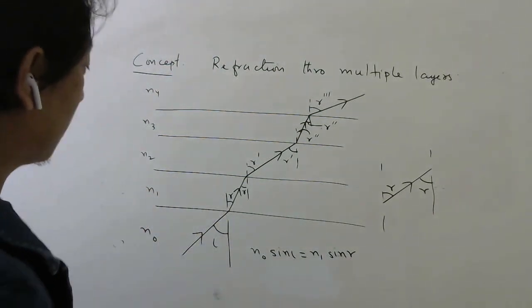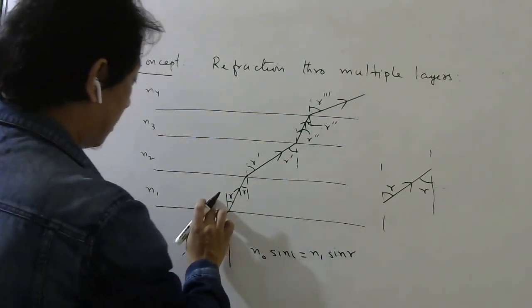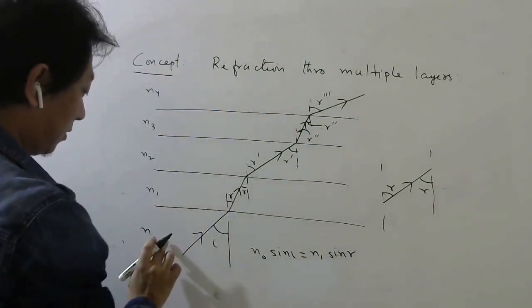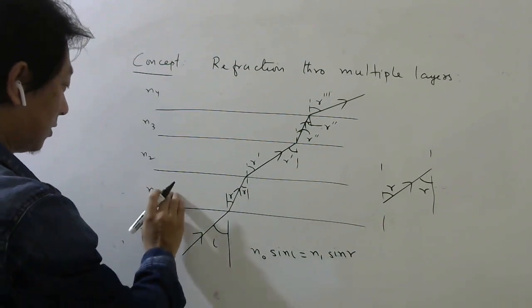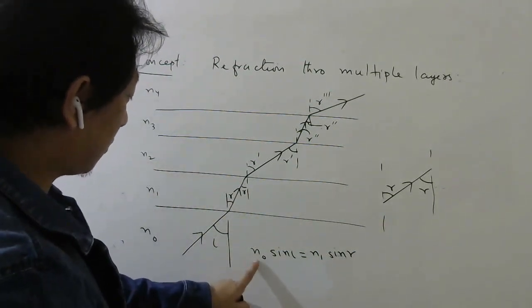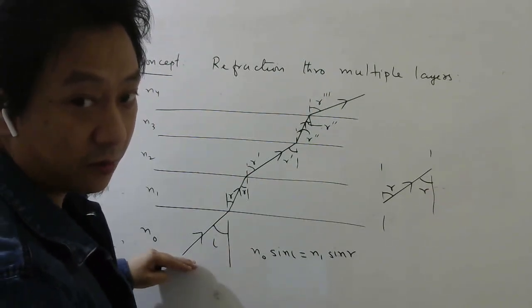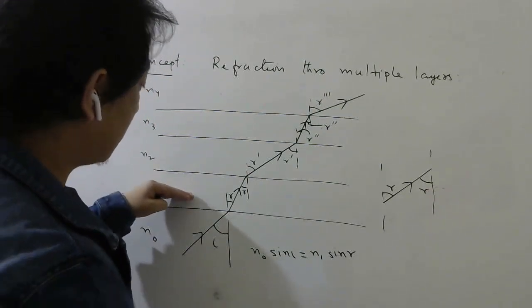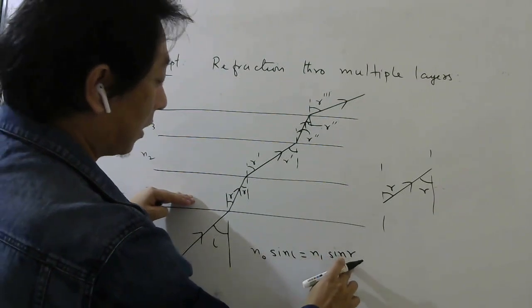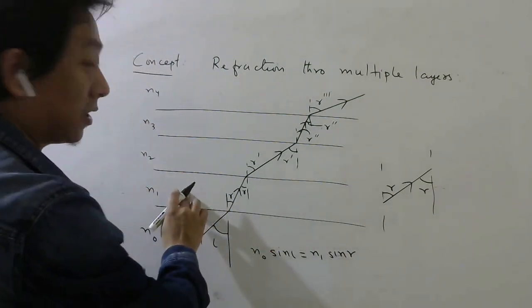Correct or not? Okay. Once you have done that, then when you go to the third, this is your, let us say, zeroth medium, first medium, second medium. So refractive index into sine of angle of incidence in the zeroth medium is the same as refractive index into sine of angle of refraction in the second medium.